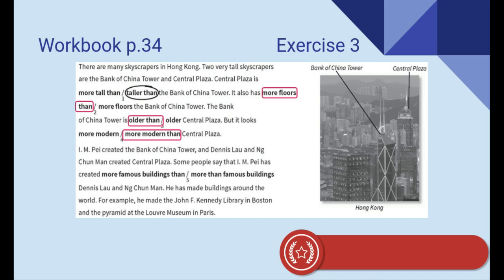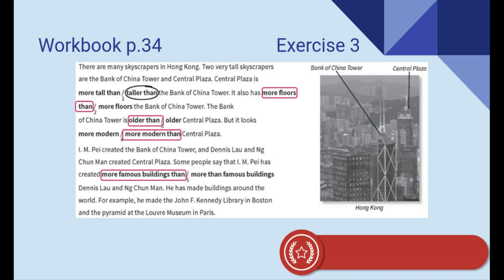Some people say that IMP has created more famous buildings than Dennis Lau and Ng Chung Man. He has made buildings around the world. For example, he made the John F. Kennedy Library in Boston and the pyramid at the Louvre Museum in Paris.